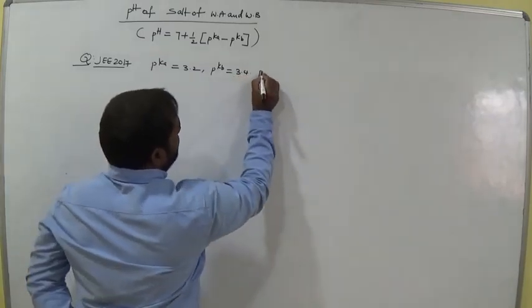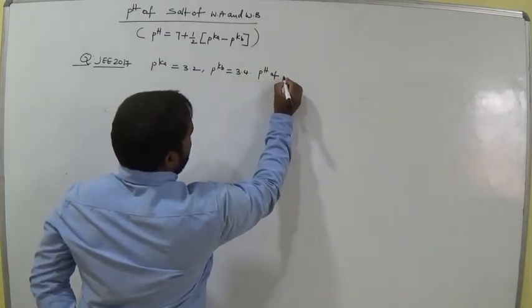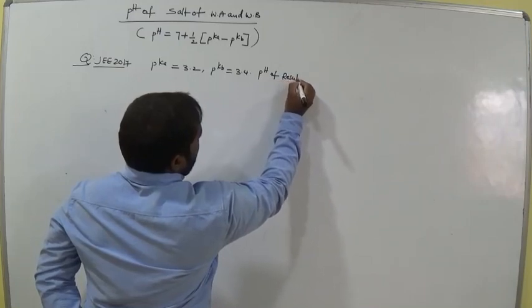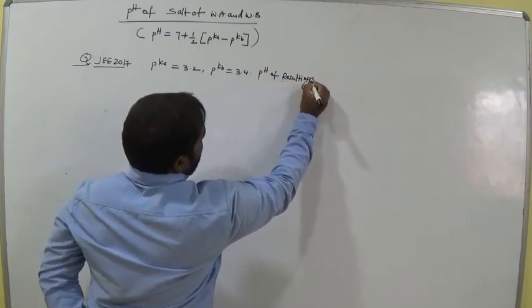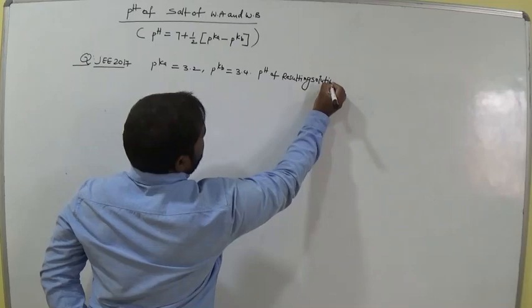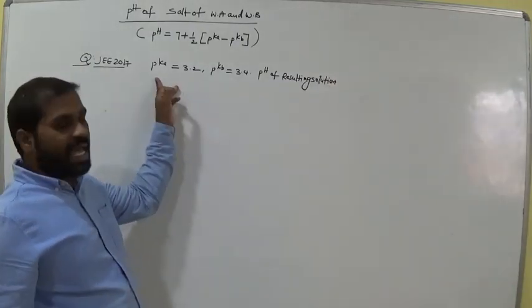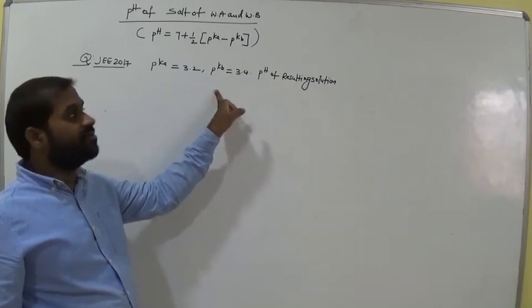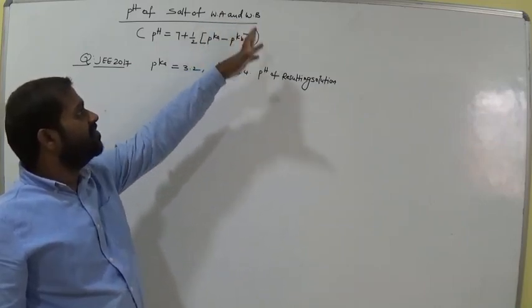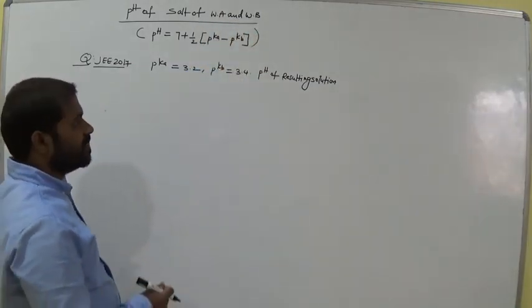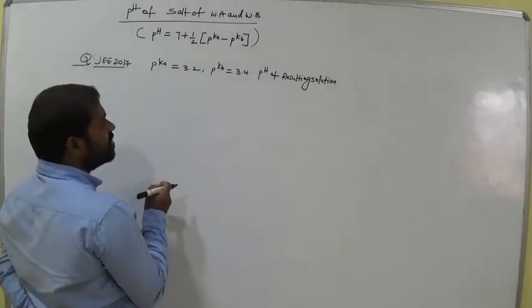Then what is the pH of the resulting solution? Resulting solution means pKa for weak acid, pKb for weak base. Now both give salt of weak acid and weak base. Am I right? Clear? That is the resulting solution.